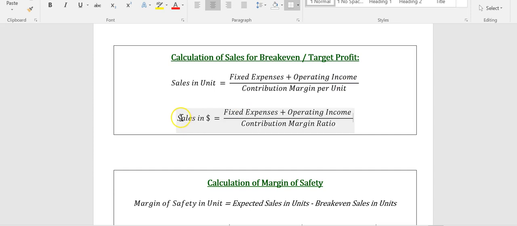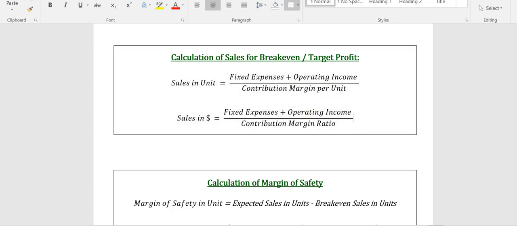If it asks to calculate break-even in dollars, your denominator at the bottom will be contribution margin ratio. And we know break-even means operating income will be 0, so we will plug in 0 as our operating income.